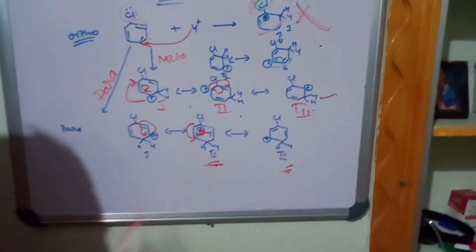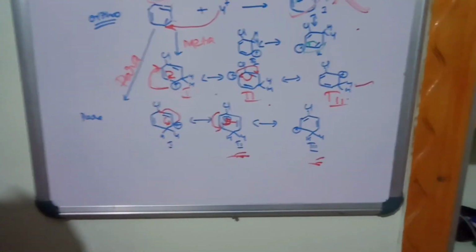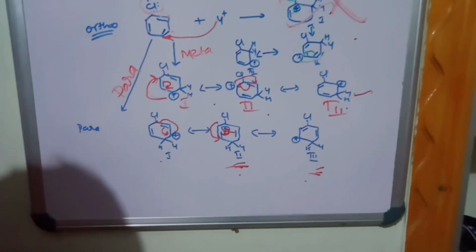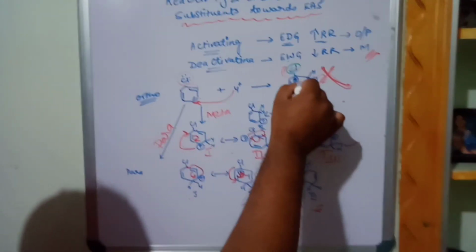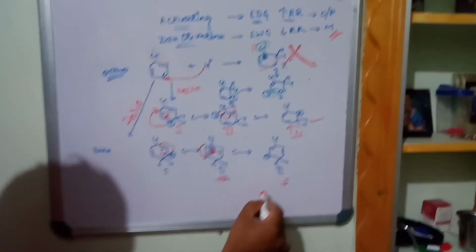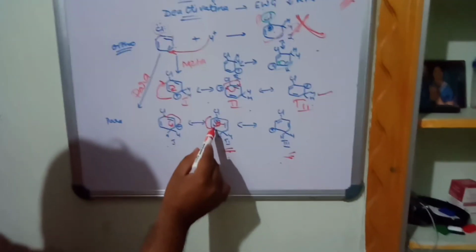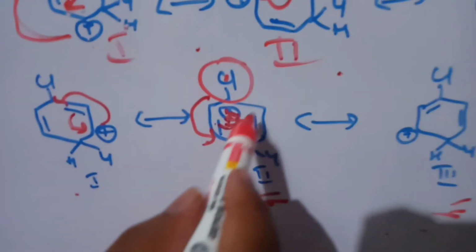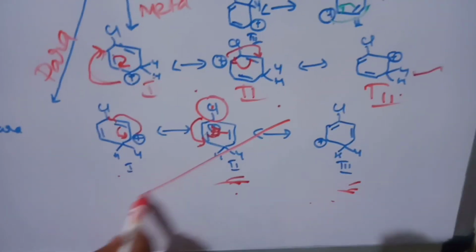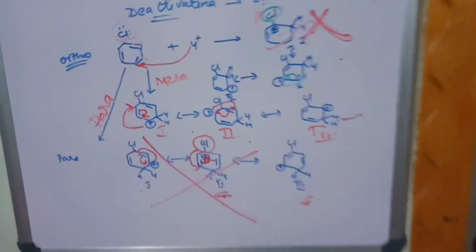You get the third hybrid structure. So among 1, 2, 3, do you have a most unstable structure like the ortho position? Number 1, where the carbon holding positive charge has chlorine. In the case of the para position, yes, here in structure 2 you have the carbon holding positive charge, the same carbon holding chlorine. That's why they will not direct at the para position also, because they are highly unstable.